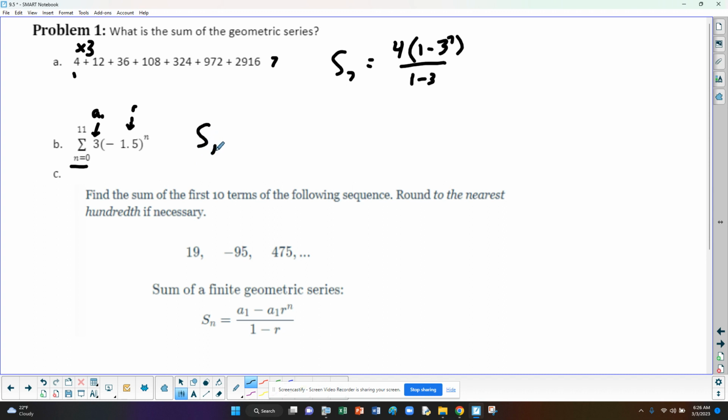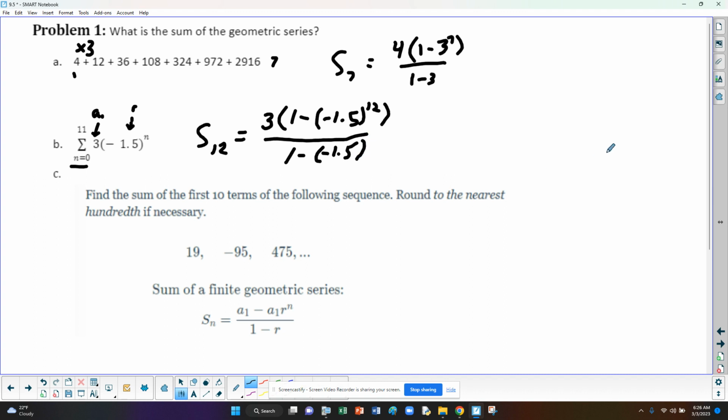So this will be sum of 12 terms is equal to first term, which is 3, times 1 minus. Now here's the first time we have a negative common ratio. We're going to make sure we put that into parentheses. So negative 1.5 to the 12th power, and then all over 1 minus negative 1.5.